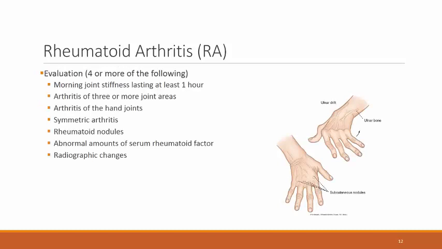Historical evaluation for rheumatoid arthritis. This is a list with which you can actually diagnose, and four of these should be present.